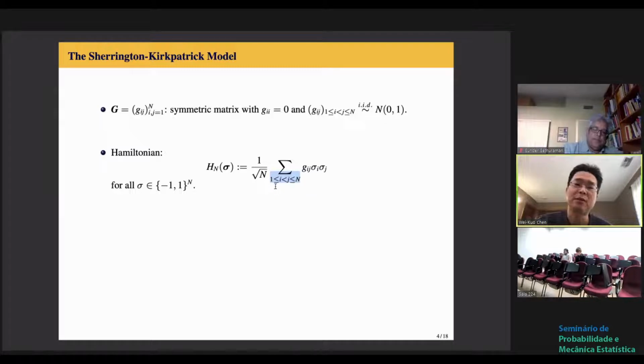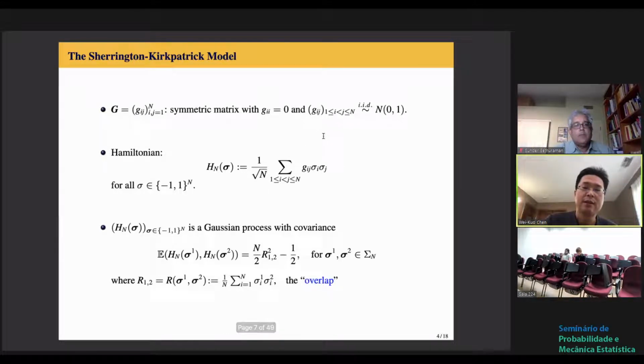You can imagine that ij is an edge connecting i and j, so what I'm summing here is essentially an interaction defined on a complete graph. And the G again, like before, is standard normal.